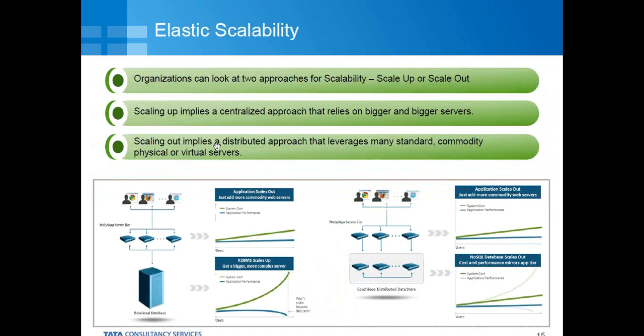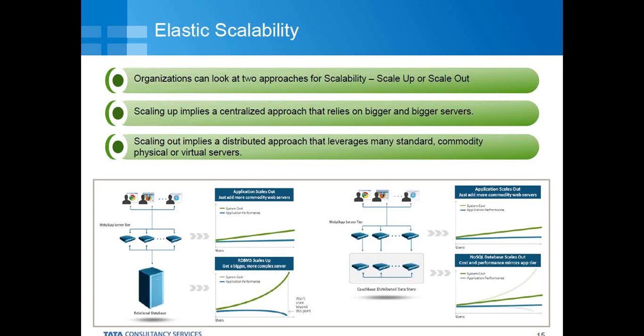Next is the elastic scalability feature. In the case of RDBMS, when there is an increase in data or users, if there is an increase in users at the application tier, it's easier to add more and more web application servers and cater to the needs. But in the case of the database, it's mostly vertical scaling, so the data gets added onto the same machine.